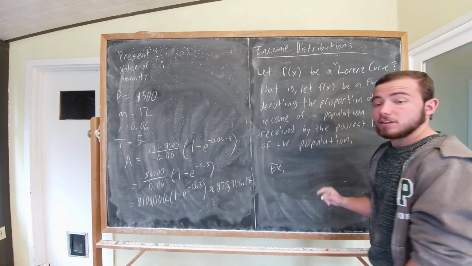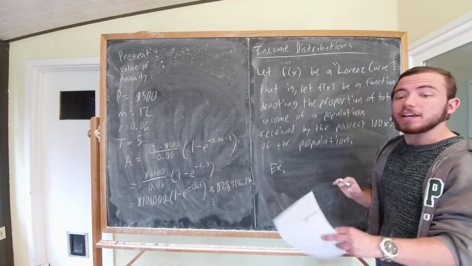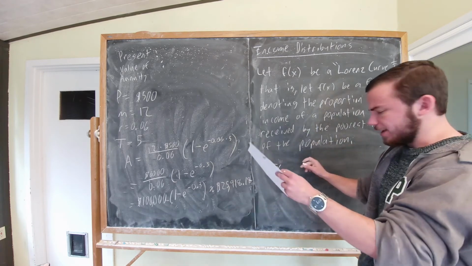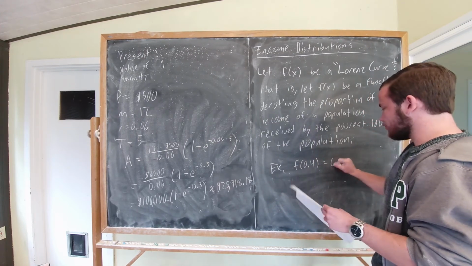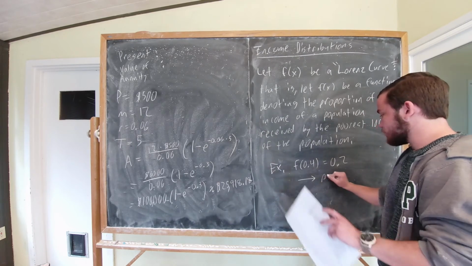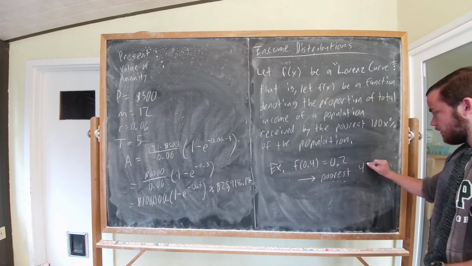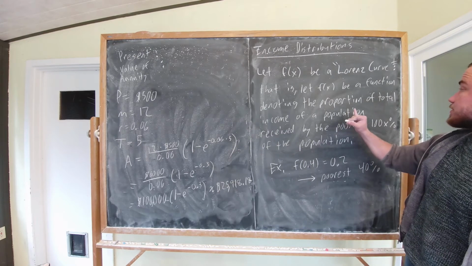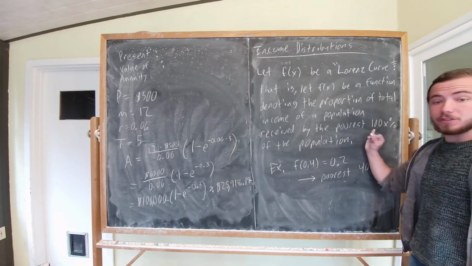If we had some function f(x), so there's not a single unique Lorenz curve. There's multiple Lorenz curves. But for a given one, we had f of 0.4 equal to 0.2. That would imply that the poorest 40% of the population, so if we plug in x, right, the poorest 100x, 0.4 times 100 is 40.